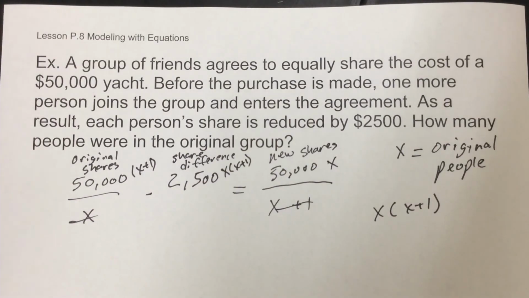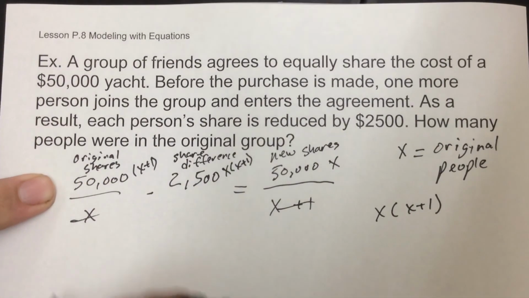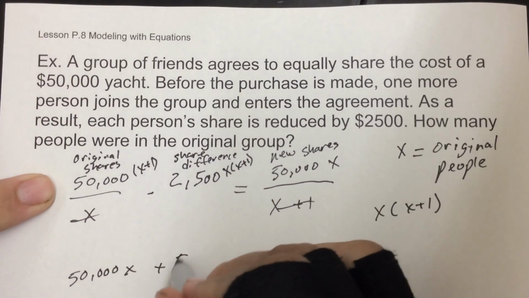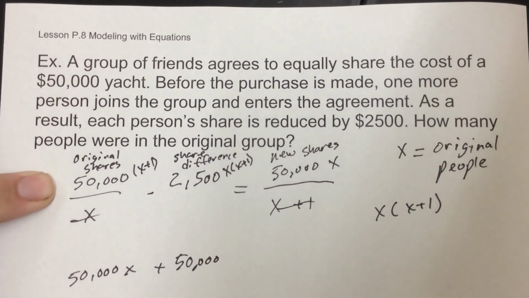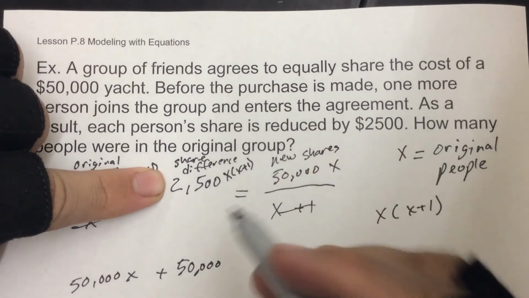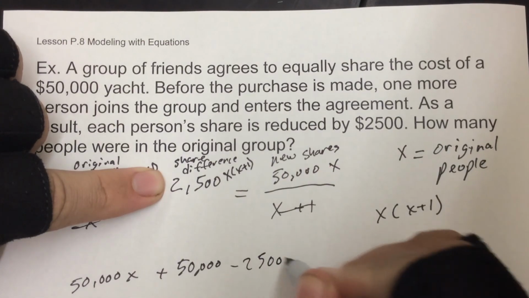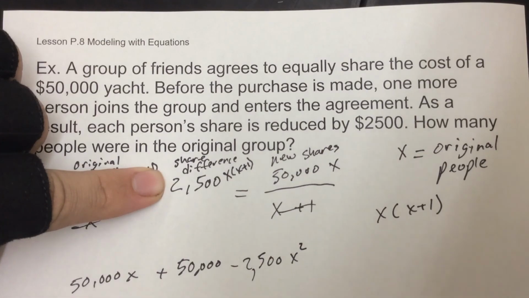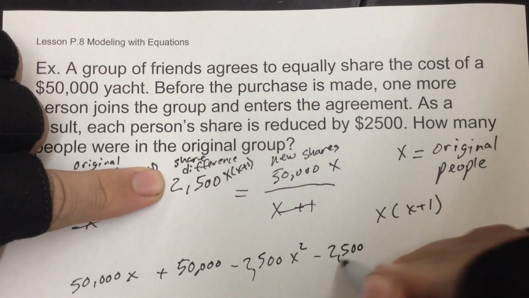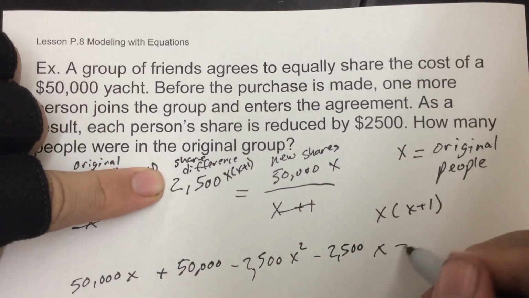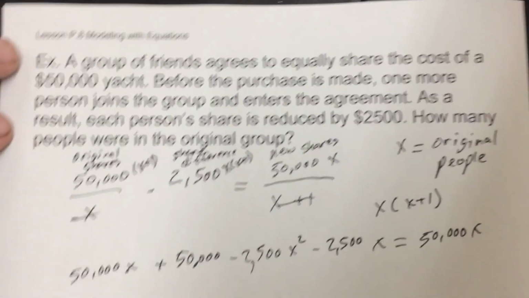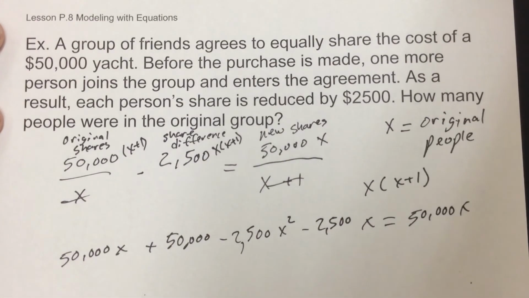So denominators are gone. If we distribute the 50,000 in, we'd have 50,000 X plus 50,000. Here, we distribute the X in first to make this X squared times 2,500, so minus 2,500 X squared. X times 1 times 2,500 would be minus 2,500 X, equaling, on the other side, 50,000 X. Because that's all we'd have to times by there.